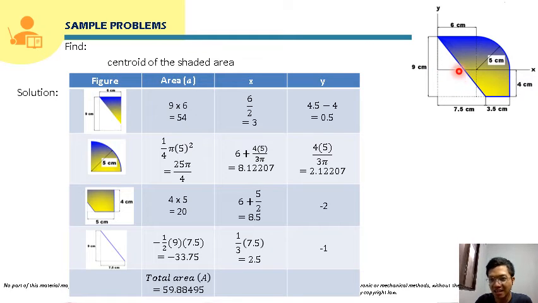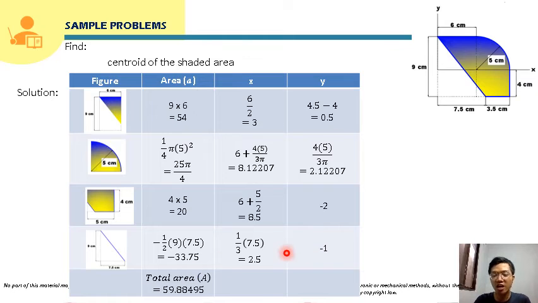If this distance is 3, this is 1/3 of 9, so that will be 3, and this is 4. So 4 minus 3, we can get this distance, which is the y-coordinate. That will be 4 minus 3, so that will be 1. But since it is below the reference point, this will be -1. So the y-coordinate is -1.